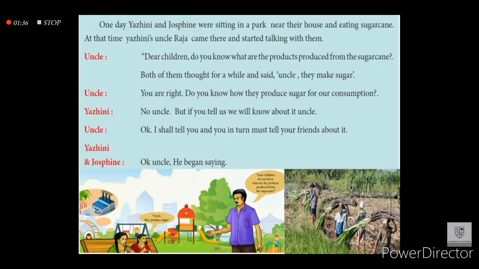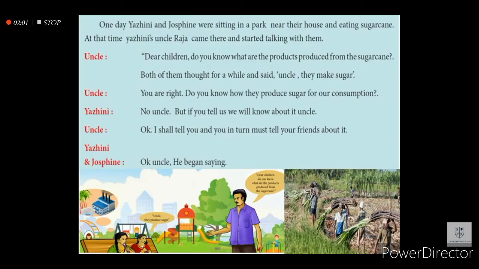Raja said, "You are right. Do you know how they produce sugar for our consumption?" And Yarni is replying to her uncle. "No, uncle, but if you tell us, we will know about it, uncle." Her uncle replies, "Okay, I shall tell you and you in turn must tell your friends about it."